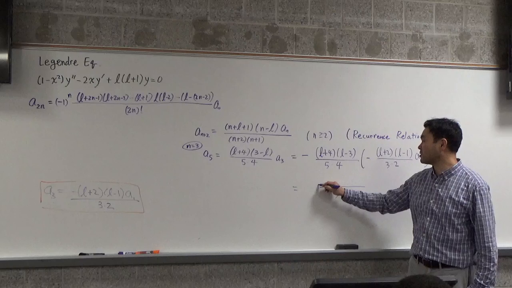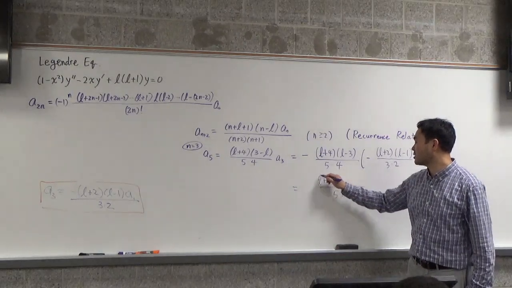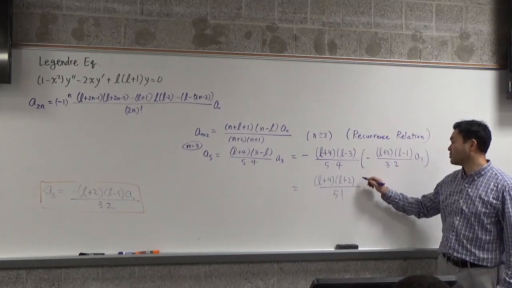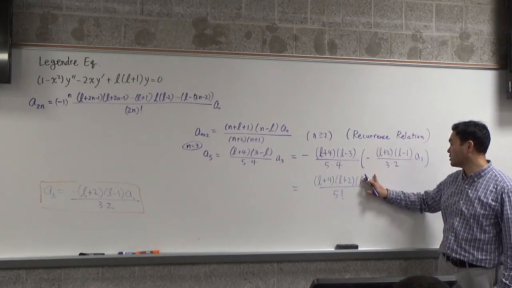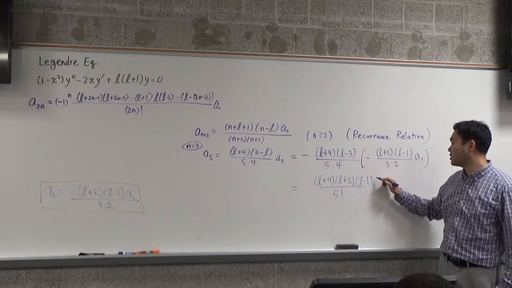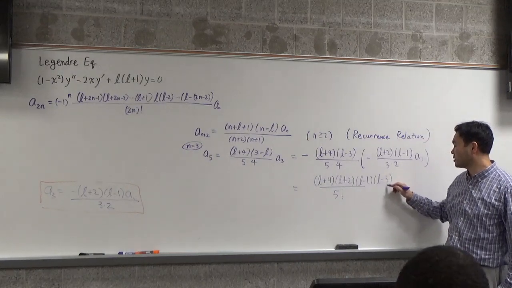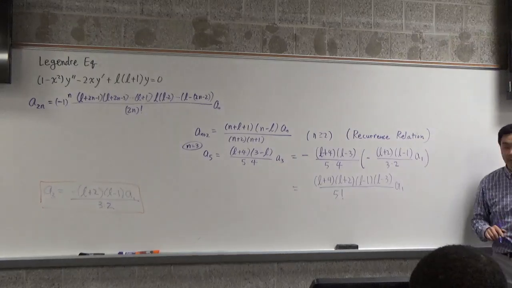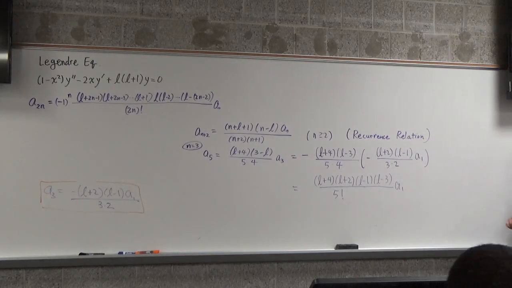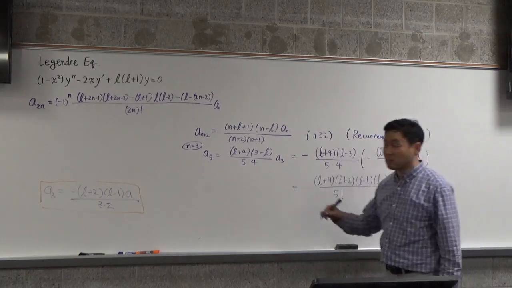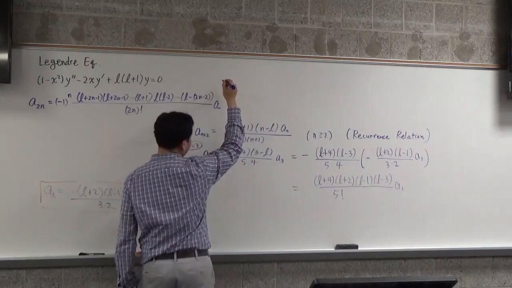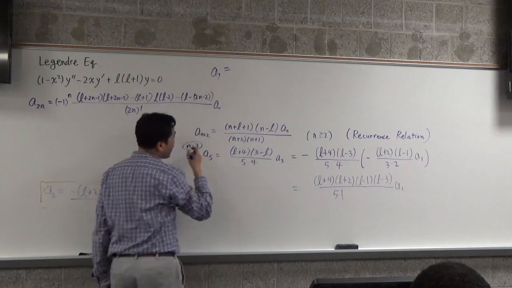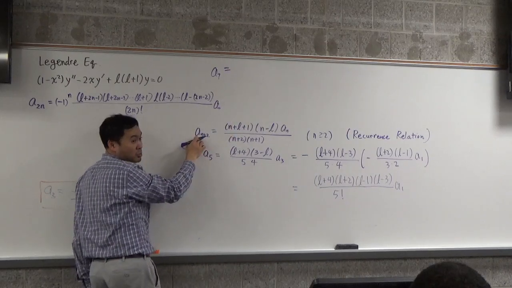The top, you see that's L plus 4, L plus 2, and then you have L minus 1, L minus 3 of A1. Good? Alright. Now let's do the same thing for A7. To get A7, you have to plug in 5 on both sides, right?